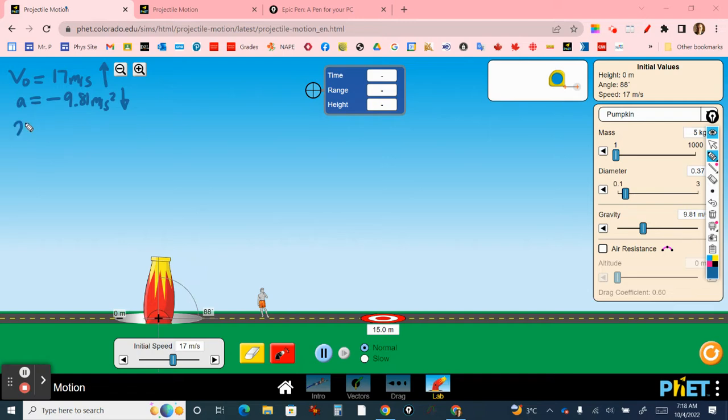So I want to know, what is the x? This is the distance to maximum height. How high will it rise? And I know that at maximum height, that's where it just comes to a stop for a second.